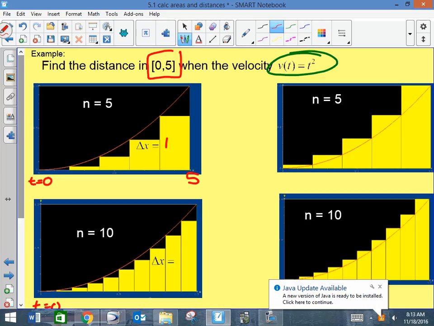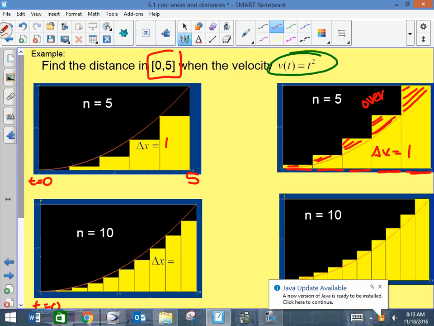They're 1 wide, yes. Same thing here. The change in x, this is the change in x, 1, 2, 3, 4, 5. We take 5 and divide it by 5, we still have 1. This is an overestimate because I'm counting this that's really not under the curve.